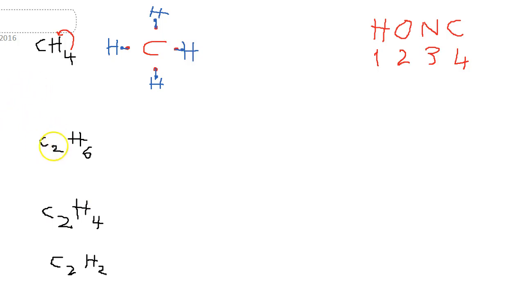Now same thing down here. You have 2 C and 6 H. How do we draw it? By now you've probably figured out that you want to put the atoms that have more bonds in the middle and the ones with fewer bonds on the outside.